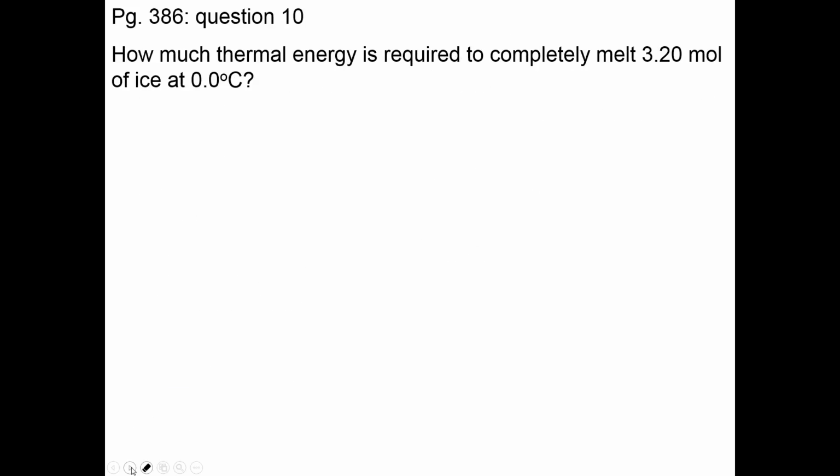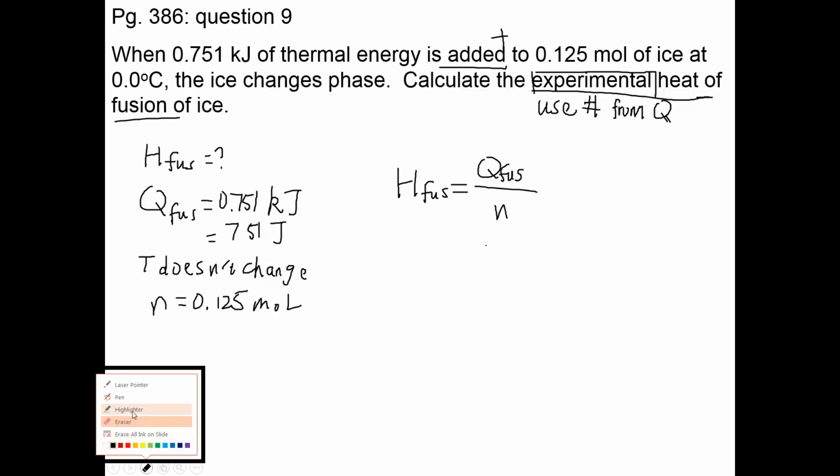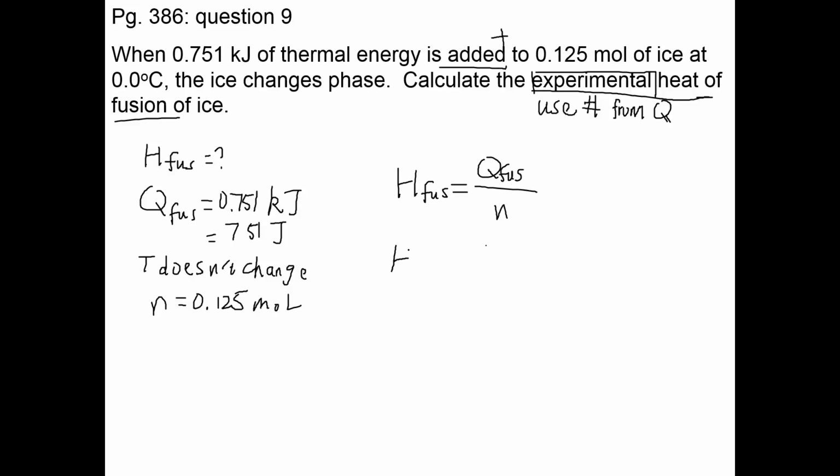Heat of fusion, what are we looking for? Spoilers. Keep clicking the highlighter. So heat of fusion is equal to 751 joules, not kilojoules, just joules, divided by the number of moles, 0.125 mole.